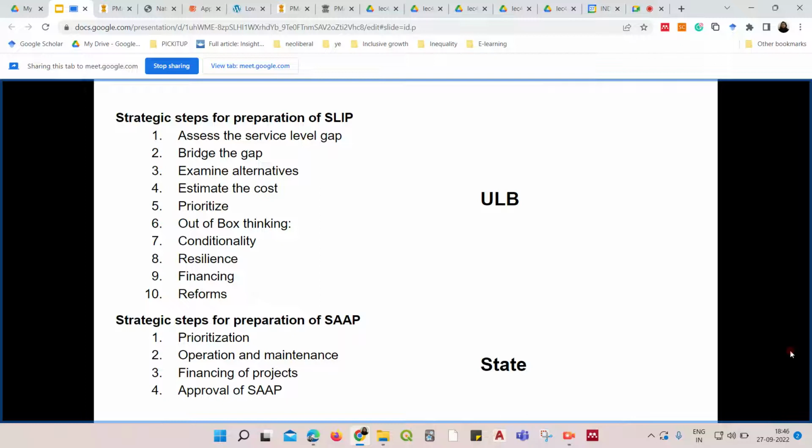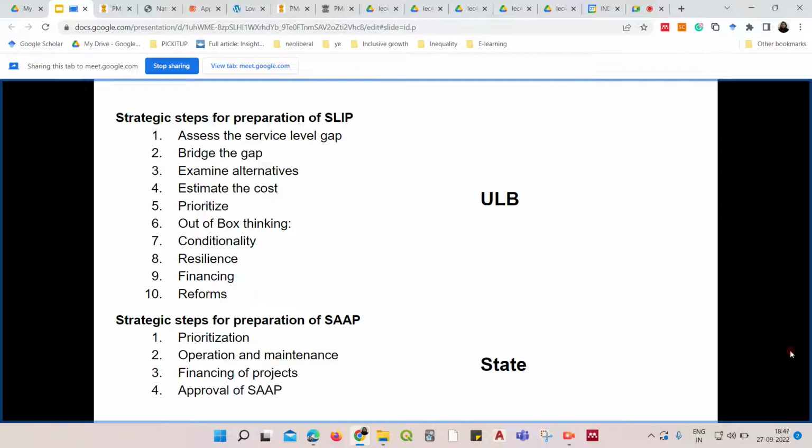First, the gap is assessed: what is the gap in the service provision in comparison to the service level which is set. Then the second step is you see options for how to bridge the gap. Then you examine the alternatives. What are the different alternatives which can be used to bridge the gap, and which is the best alternative.